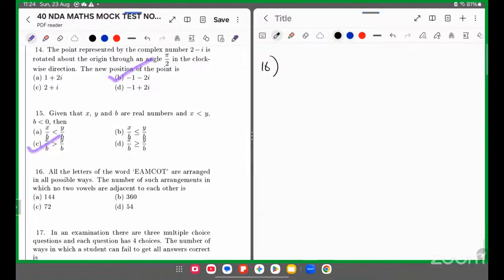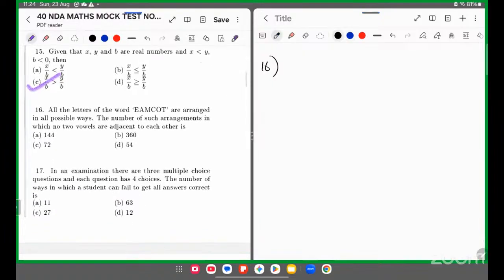Question number 16. All the letters of the word EAMCOT are arranged in all possible ways. The number of such arrangements in which no two vowels are adjacent to each other. So the vowels are A, E, O, and there are 6 letters.